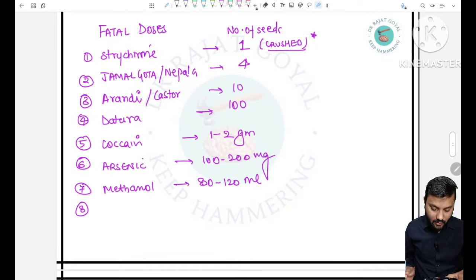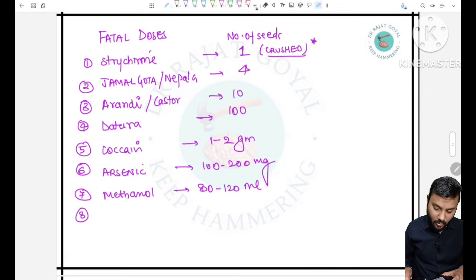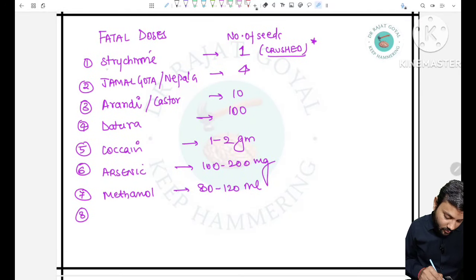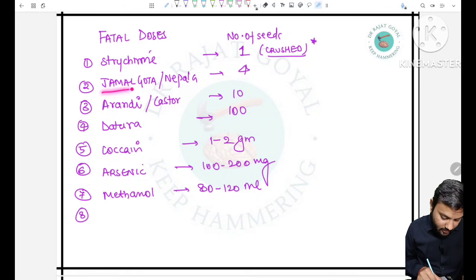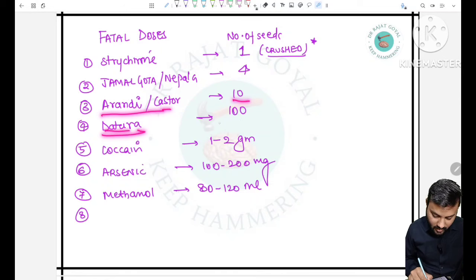Now we talk about fatal doses of some important poisons. For strychnine, one crushed seed is sufficient to cause poisoning. For Jamalgota or Nepala, 4 seeds are required. Arandi or castor, 10 seeds, and in Datura, 100 seeds.